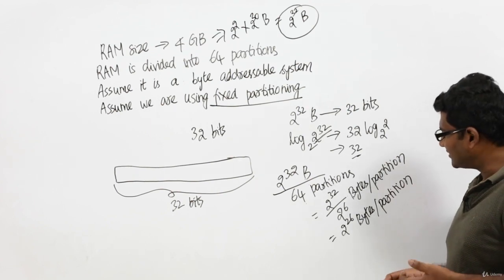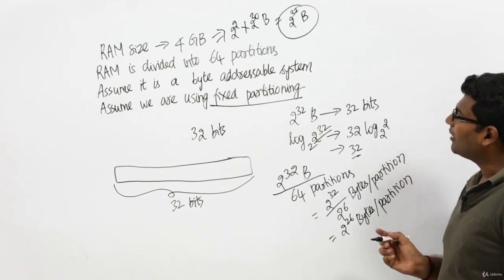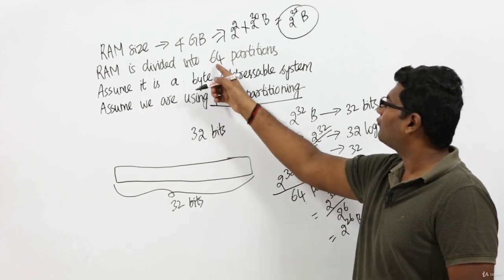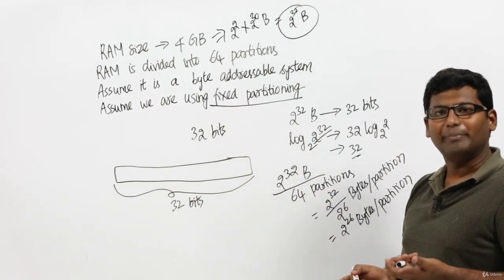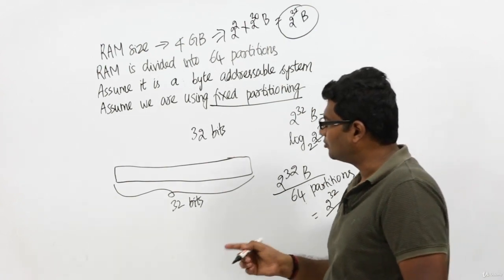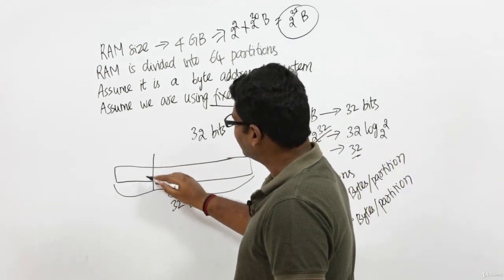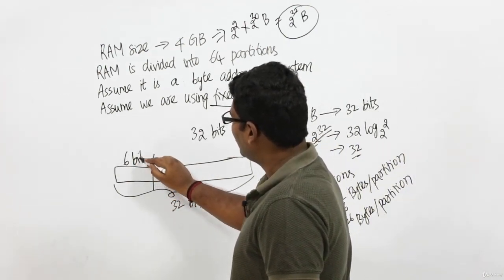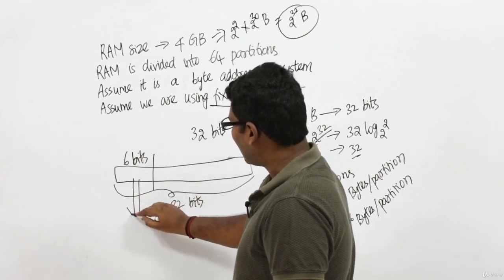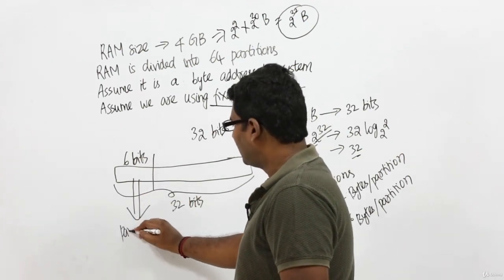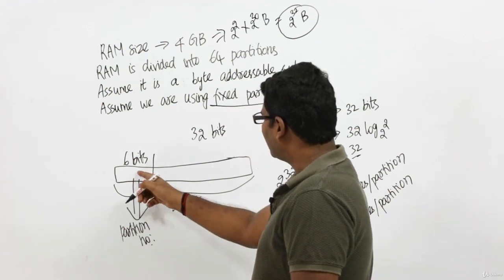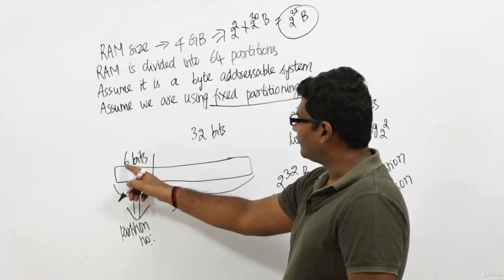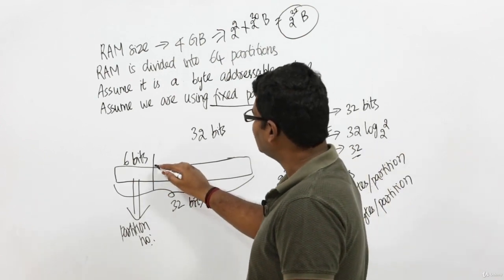Now, how many partitions do we have? We have 64 partitions. In order to address 64 partitions, how many bits do I need? We need exactly 6 bits, right? So the first 6 bits I am going to use to indicate the partition number. And out of 32, if I leave these 6, how many bits are left?